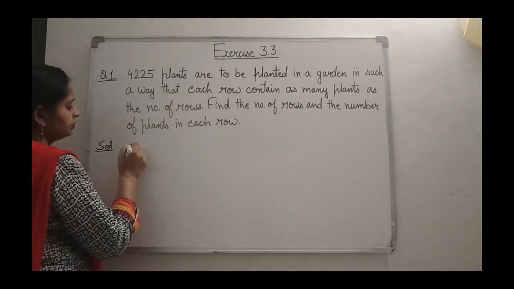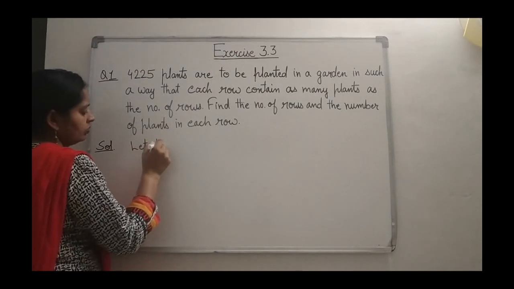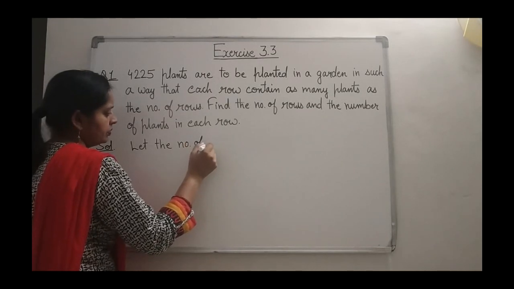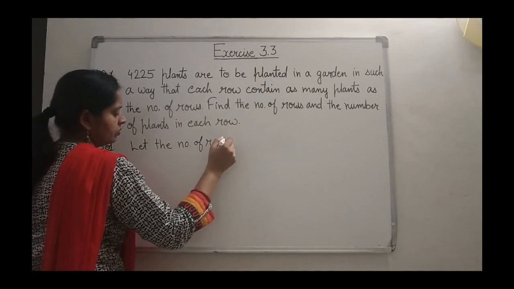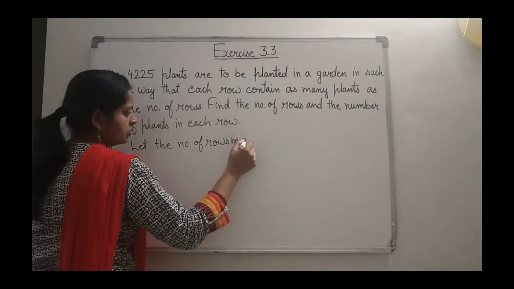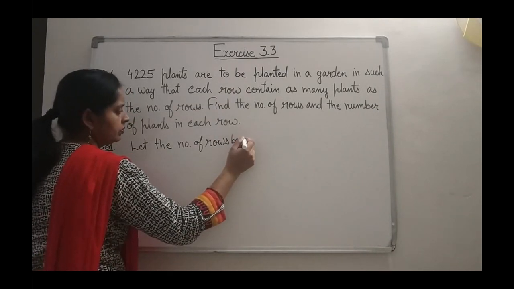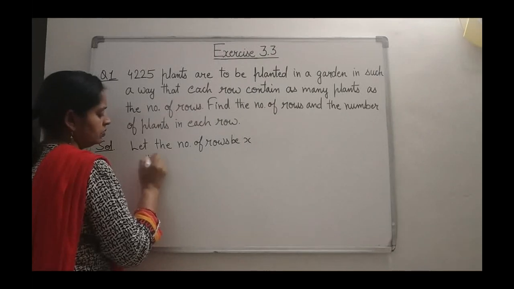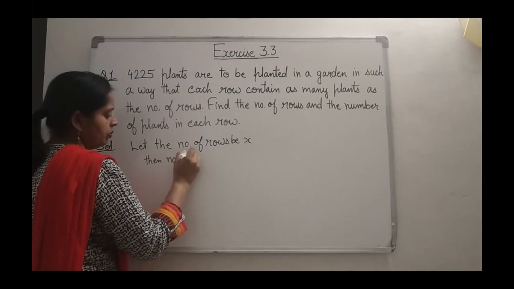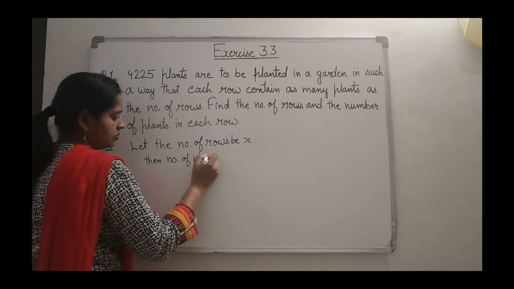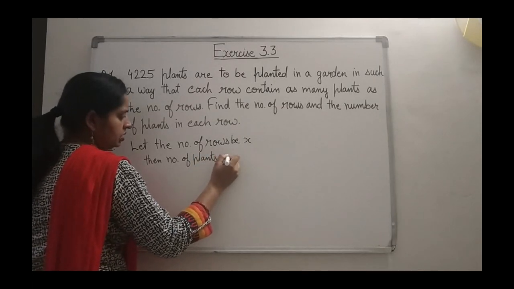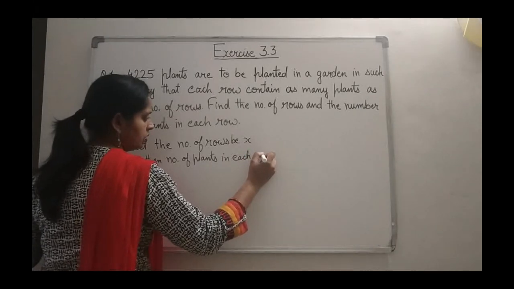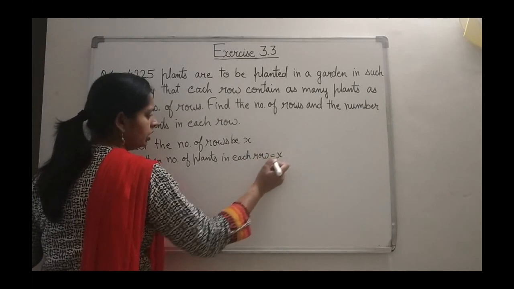Let the number of rows be x, then the number of plants in each row will be equal to x only.